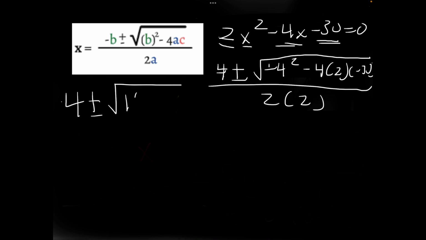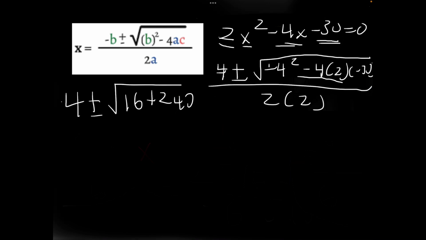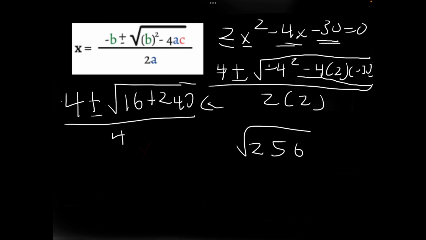Negative 4 squared is 16, plus 240, which is negative 4 times 2 times negative 30, and this all goes under 2 times 2, which is just 4. So 16 plus 240 is 256, and the square root of that is just 16. So 4 plus or minus 16 under 4.